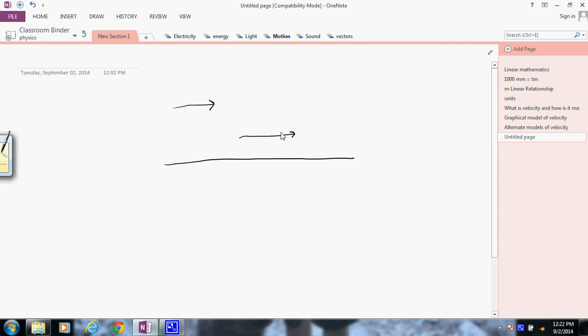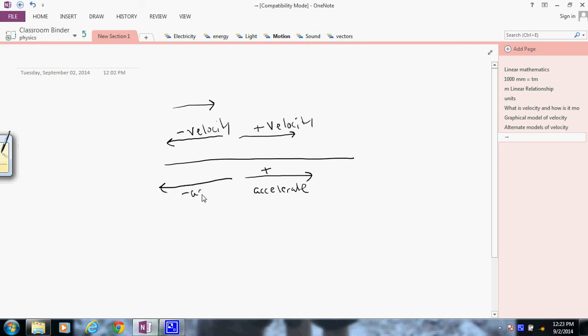If we move to the left, we have a negative velocity. Therefore, if we were to accelerate to the right, then we would have a positive acceleration. If we accelerate to the left, we would have a negative acceleration. And acceleration just means we're increasing our velocity in that direction.